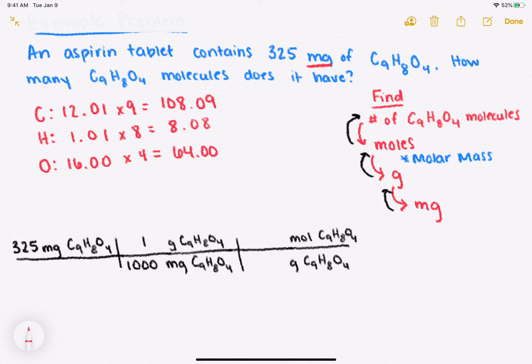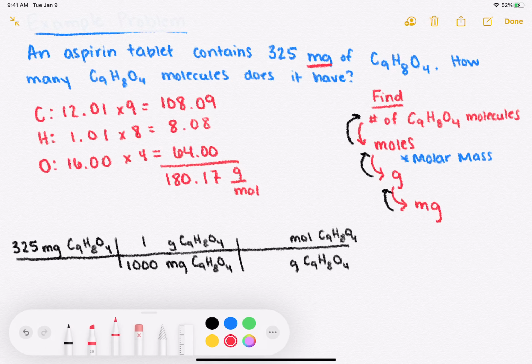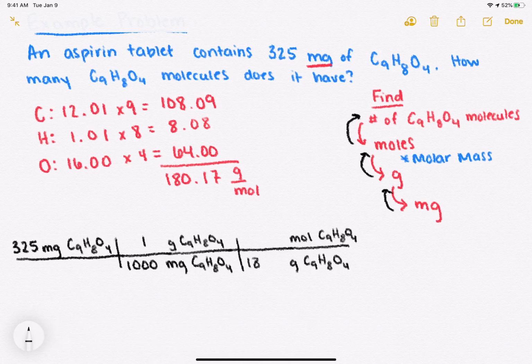There is no uncertainty. So because there's no uncertainty, we don't have to count significant figures for those values. So we can total those together to get 180.17 grams per mole. So now we have our molar mass. We can fill that in. 180.17 grams per 1 mole of C9H8O4.